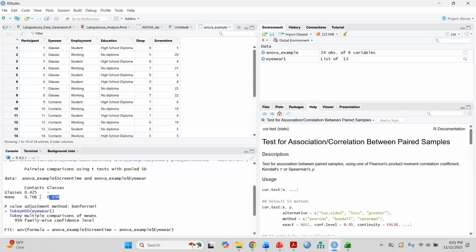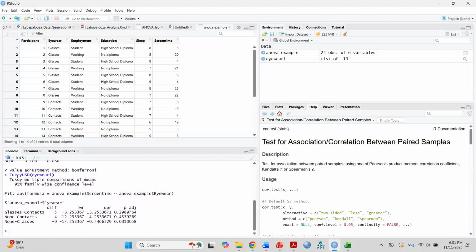So if you have three of those, the percentage chance of having a type 1 error increases for every test. So thankfully, Bonferroni is a correction method that accounts for multiple tests and makes it more unlikely that we'll accidentally make a type 1 error, because it actually makes it more difficult to get a p-value of less than 0.05.